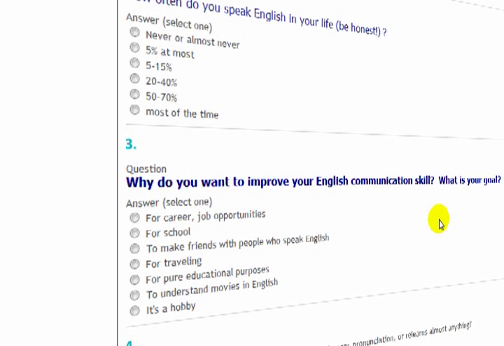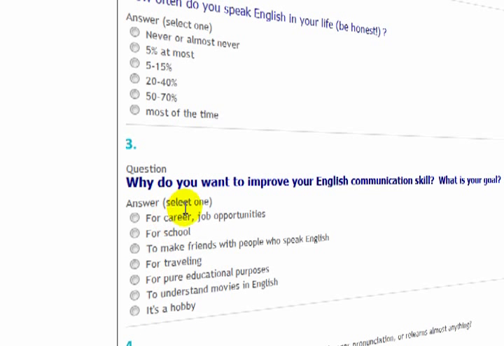Or maybe there are just a few reasons, maybe only two, maybe only one. But we need to have a goal. It's very important that you have a goal. So I put some options here. There's not many. For career, job opportunities, for school, making friends, for traveling, purely for educational purposes, to understand movies in English, or it's just a hobby.